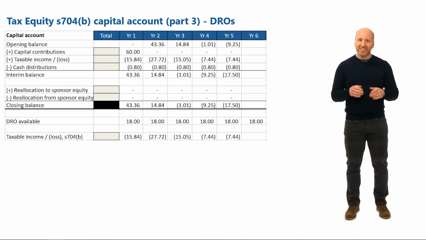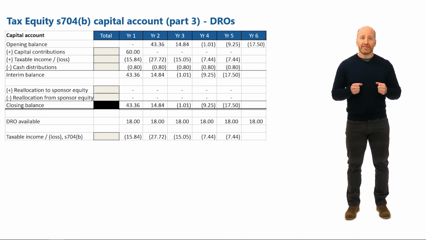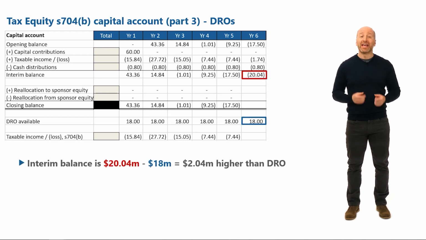But year 6 starts with a negative opening balance of 17.5 million, and once losses and cash distributions are subtracted, the interim balance takes us down to 20.04 million negative, and this is higher than the DRO balance by 2.04 million. So now we've got a problem.